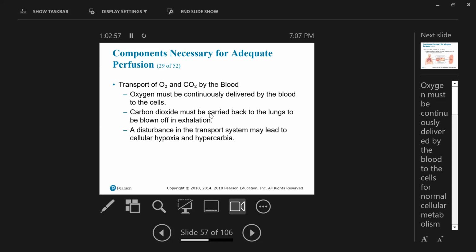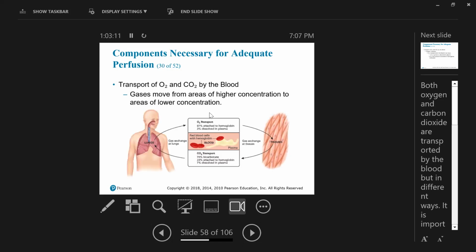Carbon dioxide must be carried back to the lungs to be blown off in exhalation. A disturbance in the transport system may lead to severe hypoxia and hypocarbia. So basically, O2 has to go from the lungs to the blood, and then from the blood to the tissues.